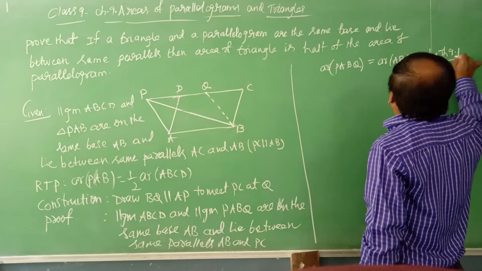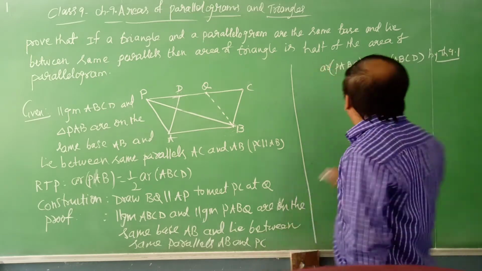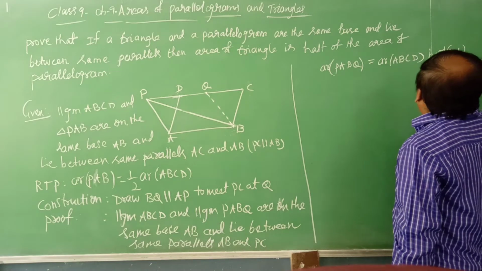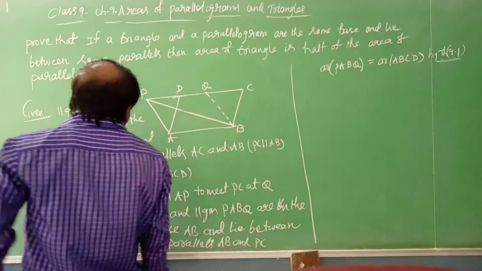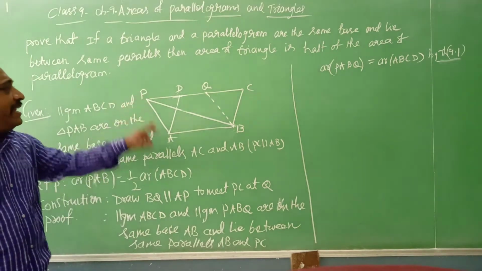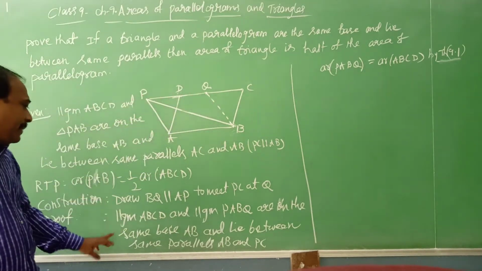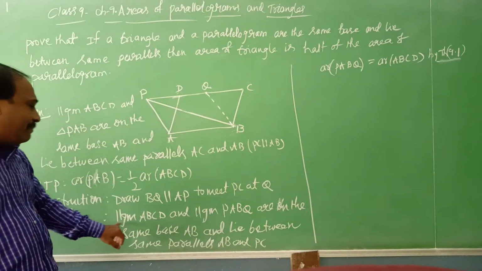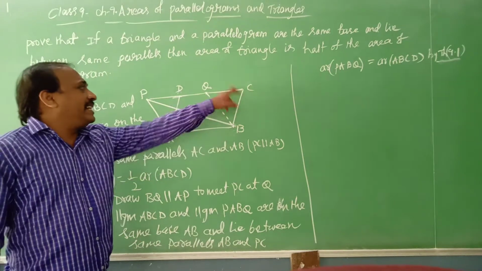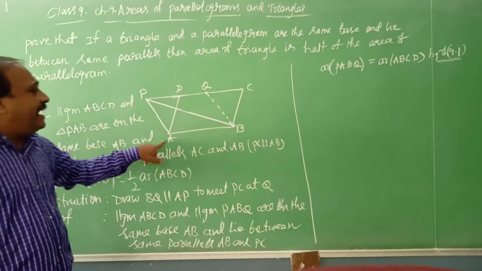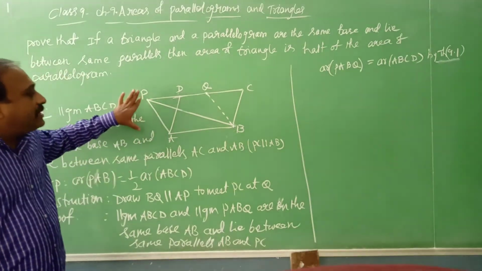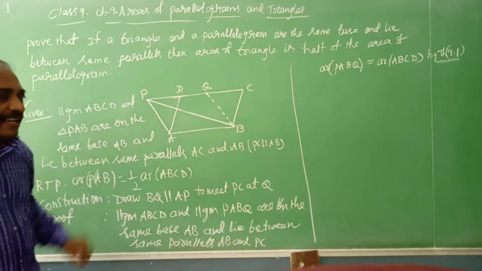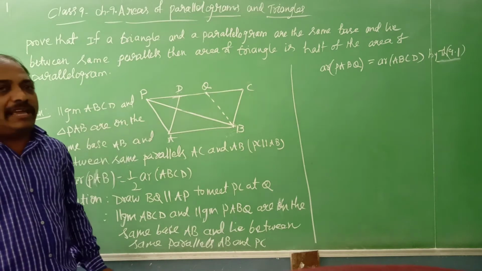What does 9.1 say? Two parallelograms on the same base and between the same parallel lines have equal areas. ABCD and PABQ are on the same base AB, lying between the same parallels PC and AB. So their areas are equal.